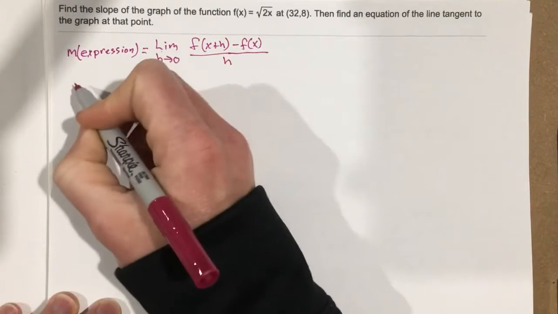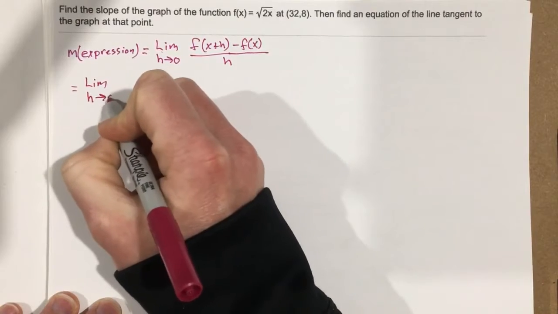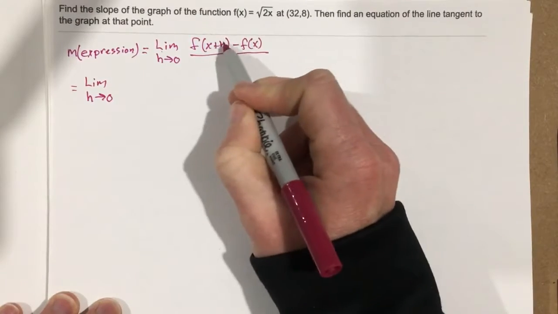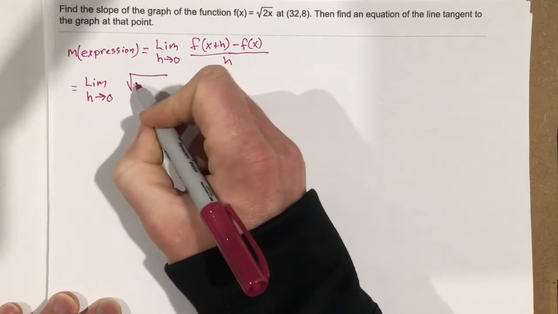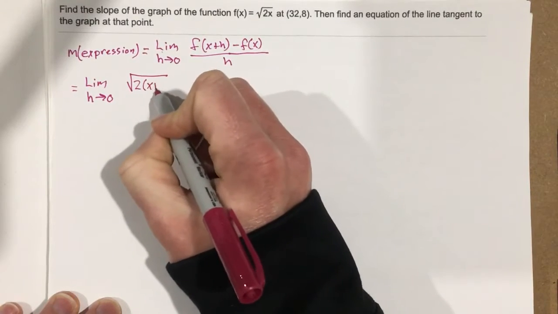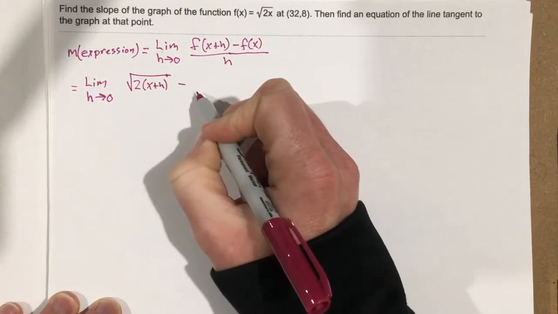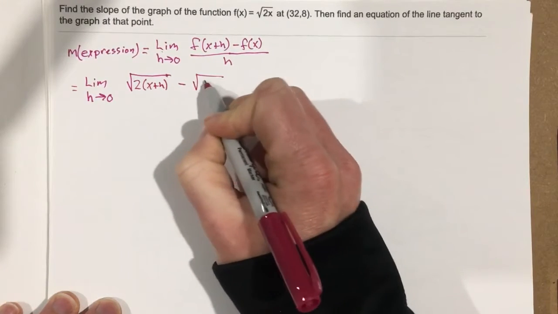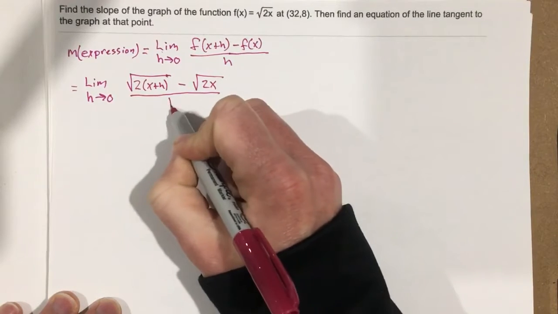So we're going to say that this is going to equal the limit as h approaches 0, and we're going to plug in x plus h into this function. So we get root 2 x plus h minus, this will just be root 2x, all over h.